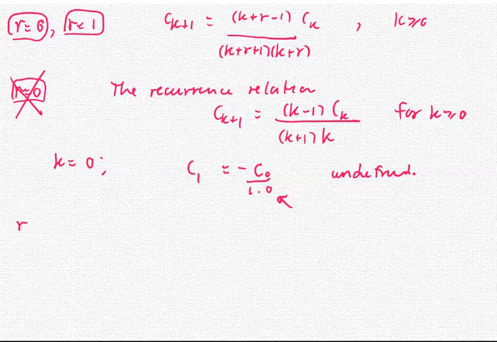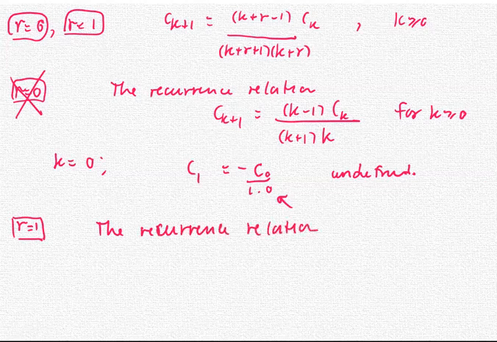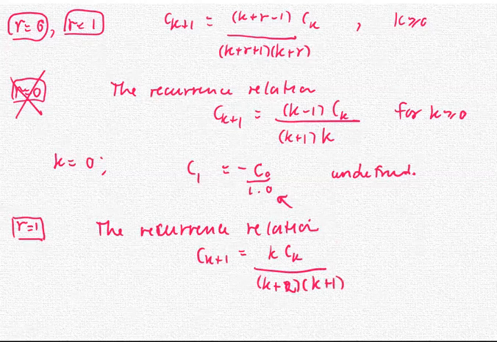So we're down to one solution at r equals 1. Then the recurrence relation will be c_{k+1} equals, now as r equals 1, the numerator is k times c_k divided by (k + 2) multiplied by (k + 1) for k greater than or equal to 0. Okay?